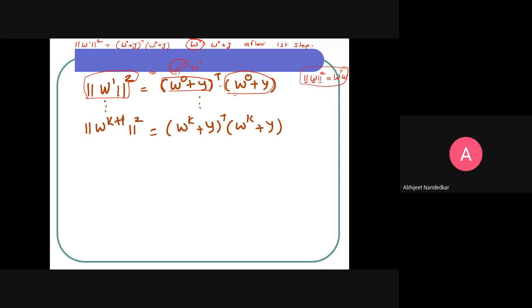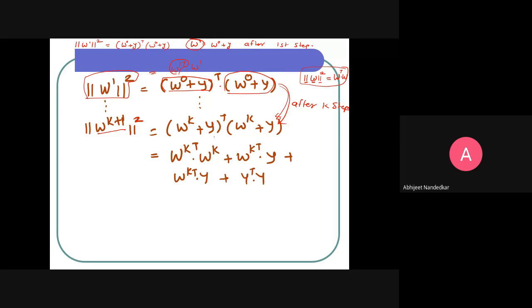If you simplify this after k steps, so you repeat this after k steps, what happens? You can write for the k plus 1th step, the norm of the weight after k plus 1 steps, square of that, is equal to Wk plus Y transpose Wk plus Y. So I am writing from the previous step after k steps.